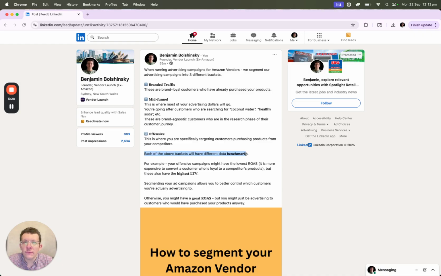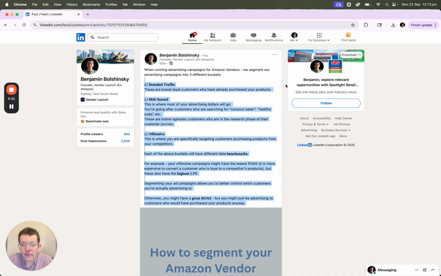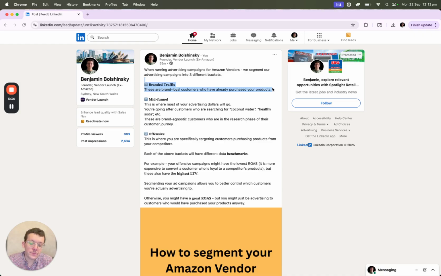If you've got a high return on ad spend, but 100% of your traffic is branded traffic, then you're wasting a lot of your ad spend. And so overall, whilst you might have a higher ROAS, your total sales will be consistent and they won't be growing. Whereas you might have a super low return on ad spend, which doesn't necessarily mean your ad campaigns are not performing well. You might just be going after offensive targeting, in which case you'll expect a lower return on ad spend.